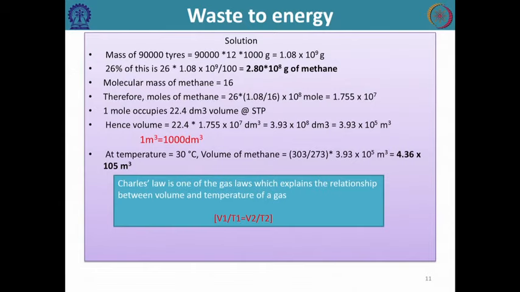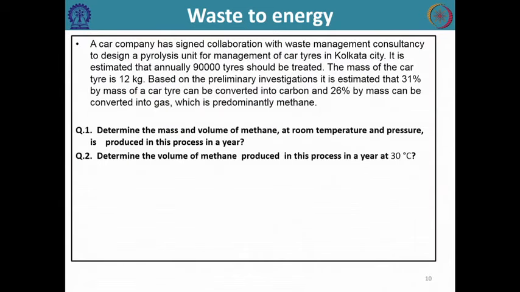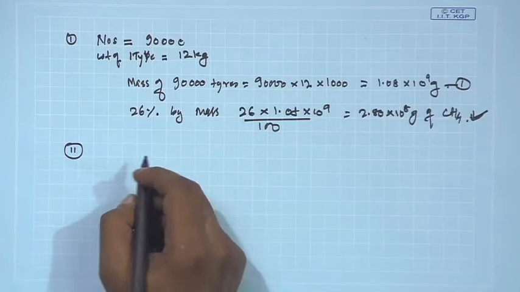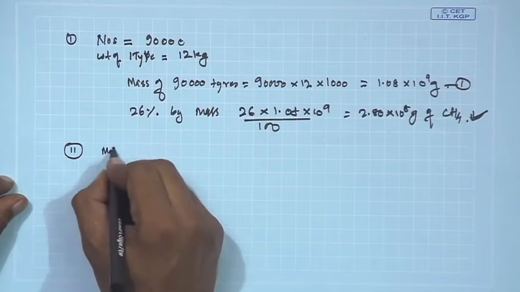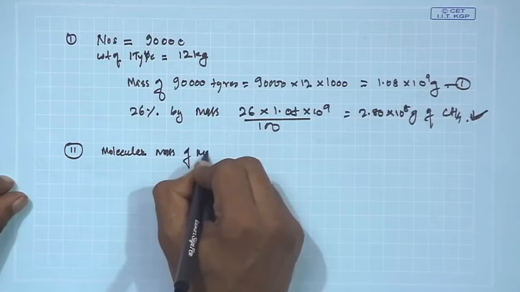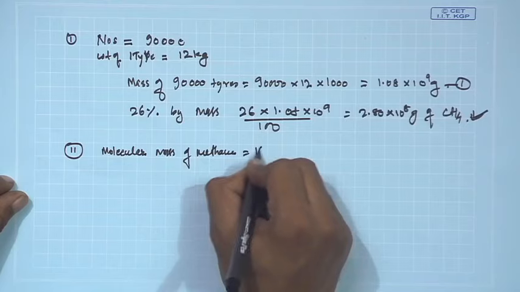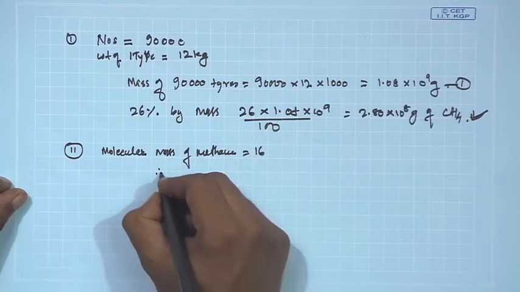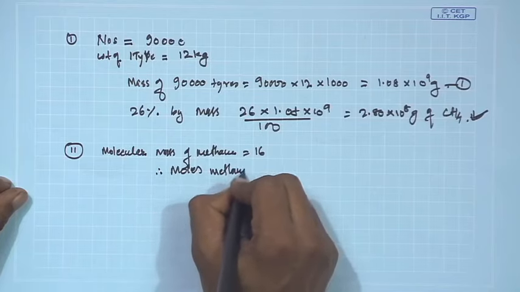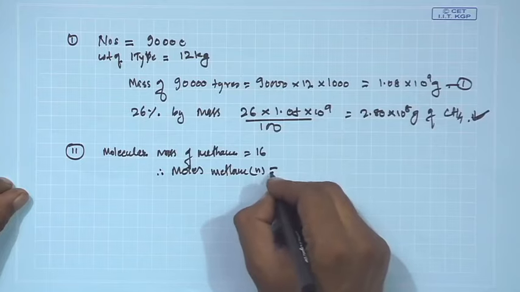To find the volume, we have to determine the volume at standard temperature and pressure, and also the volume at 30 degrees Celsius. To solve the second part, we know that the molecular mass of methane is equal to 16. Therefore, moles of methane is mass by molar mass.